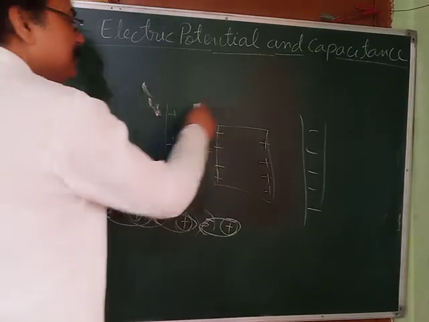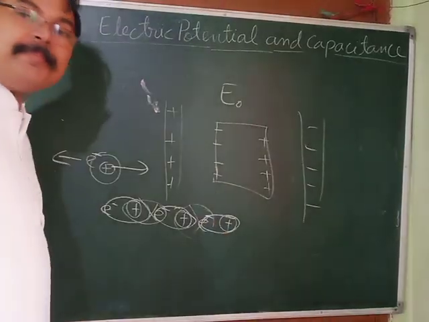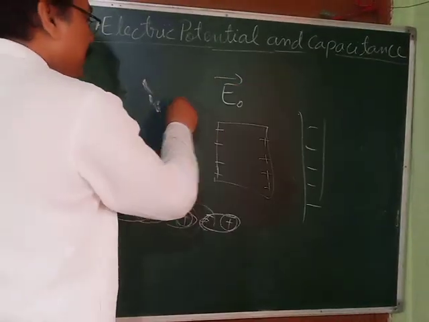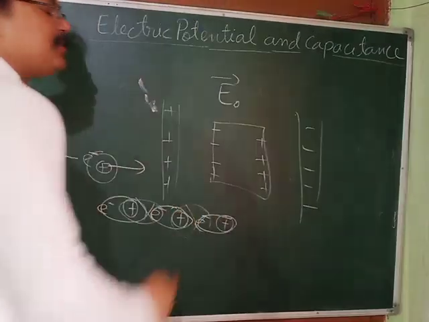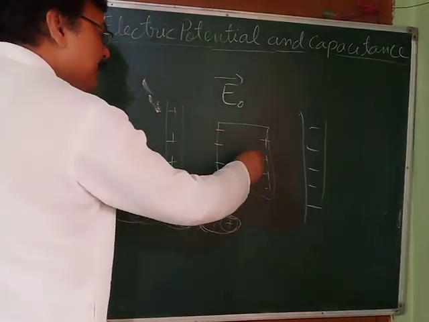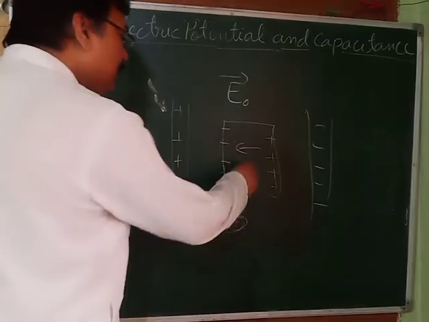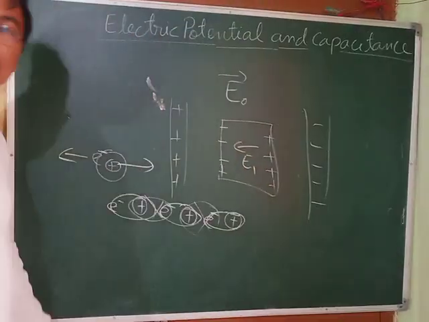And outside, suppose you have an electric field E naught, which you have applied due to these two areas of charges. Now you can see that due to these charges an electric field will be produced inside, in the opposite direction, and let this electric field be E1.